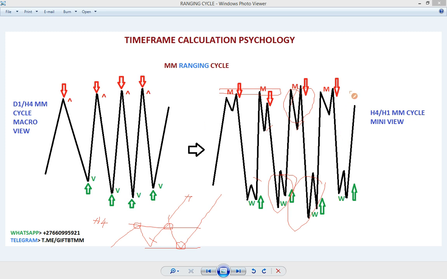Or you can avoid this. You may have your entry here, you buy, and then the dealer does this. You can close on a small profit and not buy again, and just wait for the price to correct by nature, and when it issues a pattern, you take it.